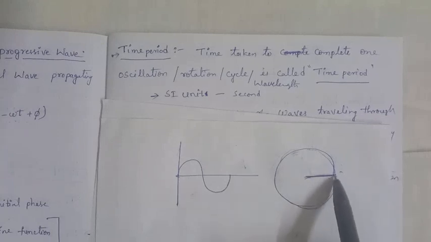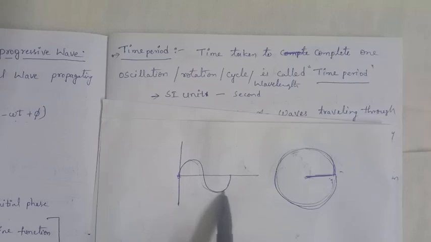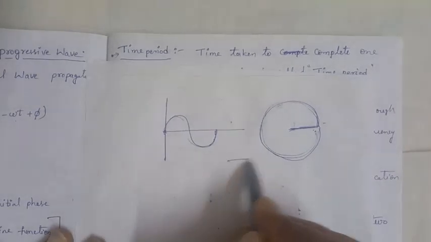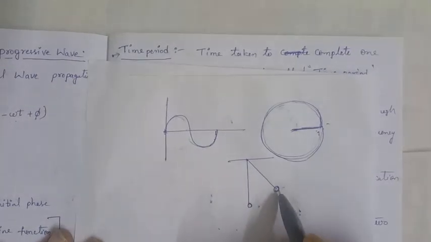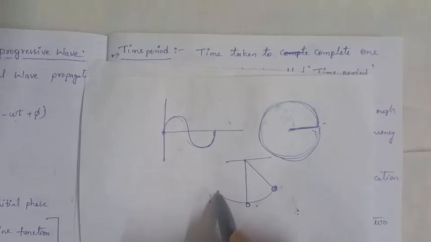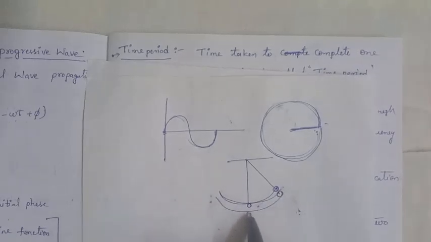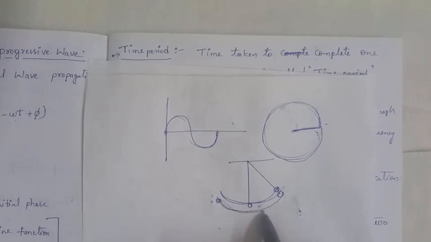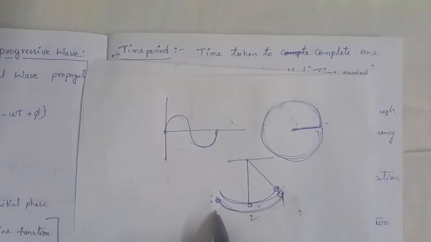So the time taken to complete one rotation, or one wavelength, or one oscillation in the simple pendulum case. You take the bob to the extreme position, and when you release it freely, it oscillates. From its extreme position to the mean position, and again it goes to the other extreme position and comes back. So this is point 1, 2, 3, again from 3 to 4, 4 to 5.